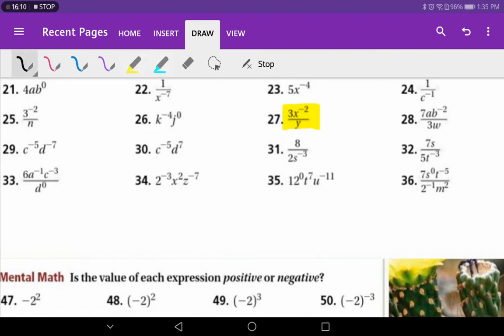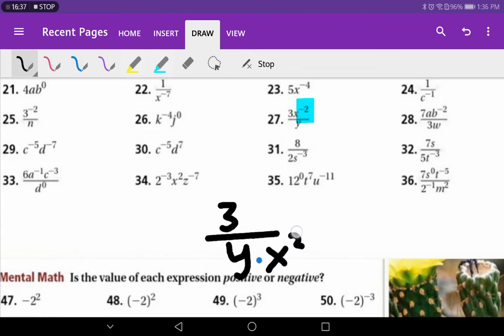So the 3 has no relation, yes, and the y has no relation, yes, but what I have to change here is only this guy. I have to put it down, it will be with y, yes, bravo. So it will be multiply x with power 2. See how it changed? You can write it like this. Okay, my dear student?